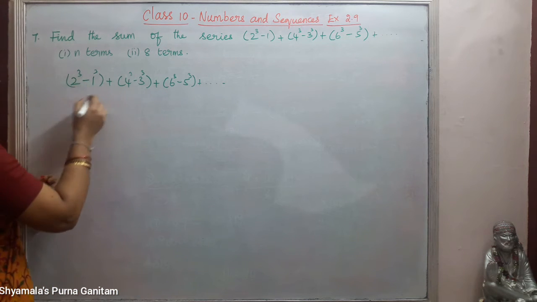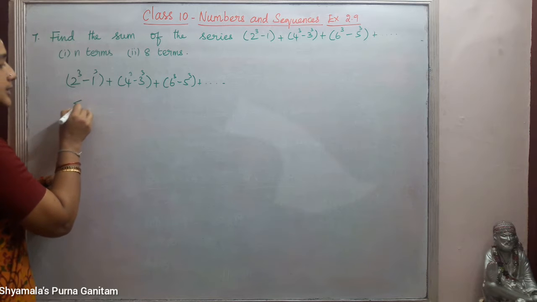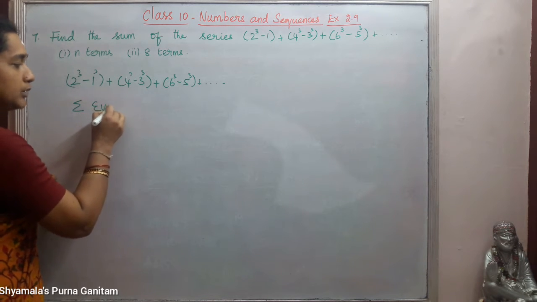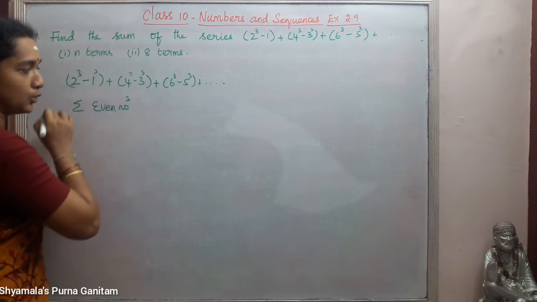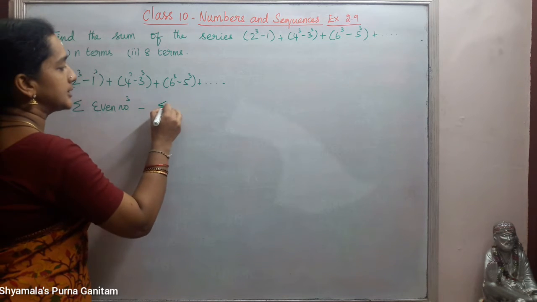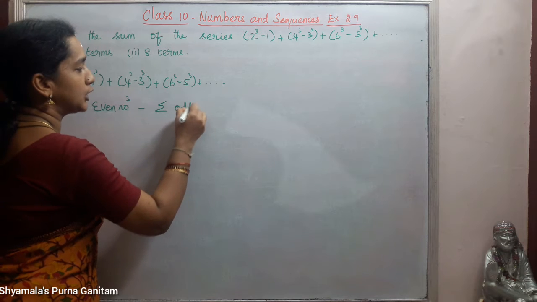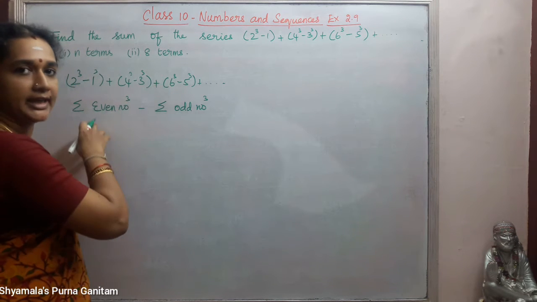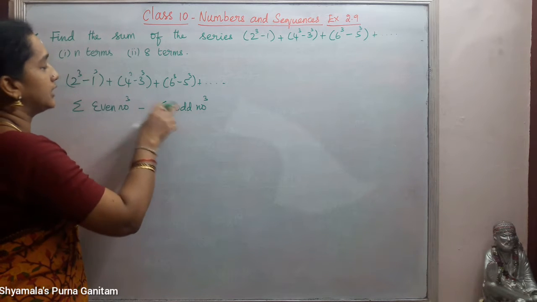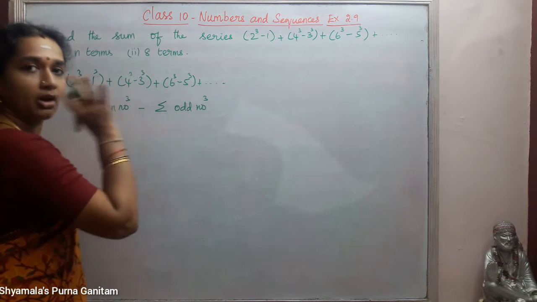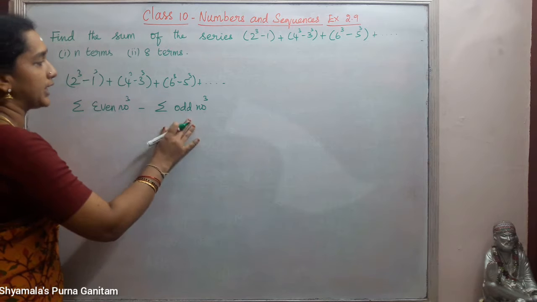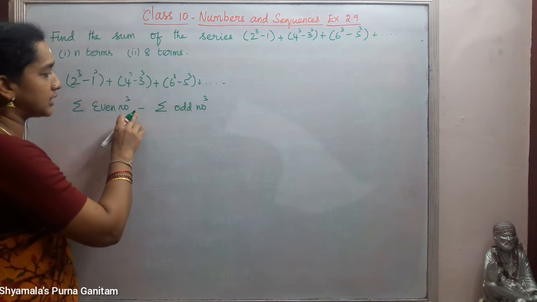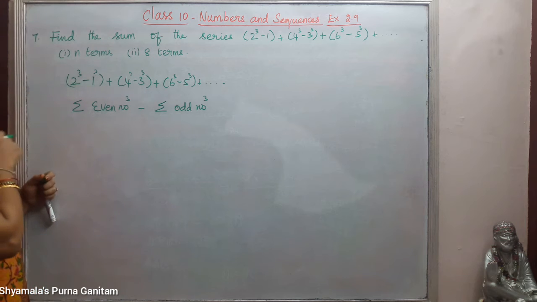So this we can write it as sigma even number cube minus sigma odd number cube. Okay, so 2, 4, 6 are all even numbers and 1, 3, 5, 7 are odd numbers. So we have to find the cube of these. Here in between a subtraction symbol is there, so we write the subtraction symbol.